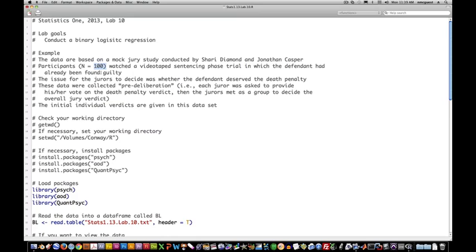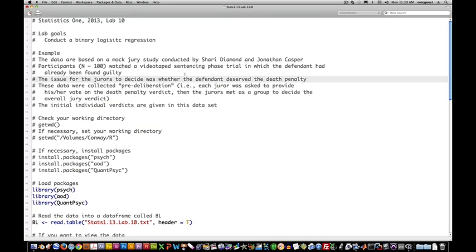The participants are made to think that they're the jurors in this trial, and they have to decide whether the defendant deserves the death penalty.